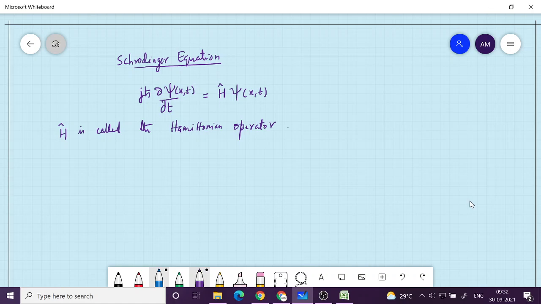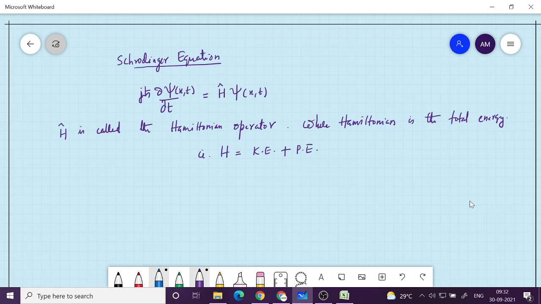What is Hamiltonian? Hamiltonian is the total energy. So Hamiltonian is the total energy, that is, H is equal to kinetic energy plus potential energy.